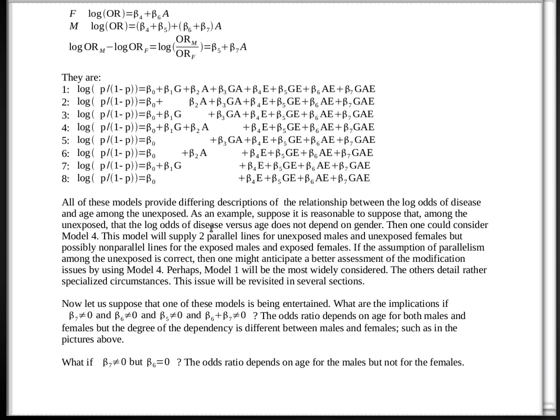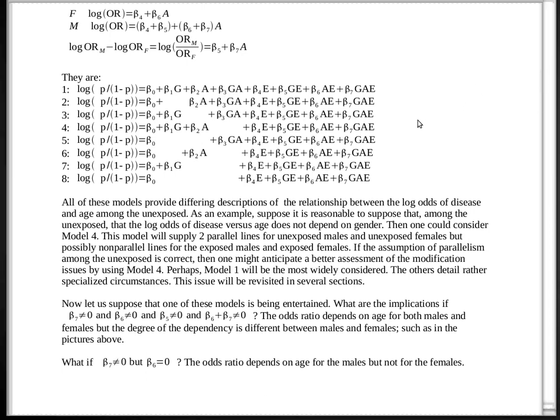And if that assumption of parallelism turned out to be correct, then the assessment of the perhaps more crucial issues related to the epidemiology, that is, beta 7 and then perhaps beta 6 and beta 5, which we'll be illustrating later, might be more sensitively analyzed, given that we have correctly used an assumption that really does apply.